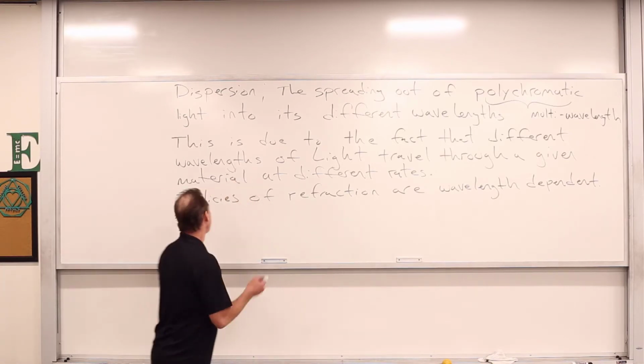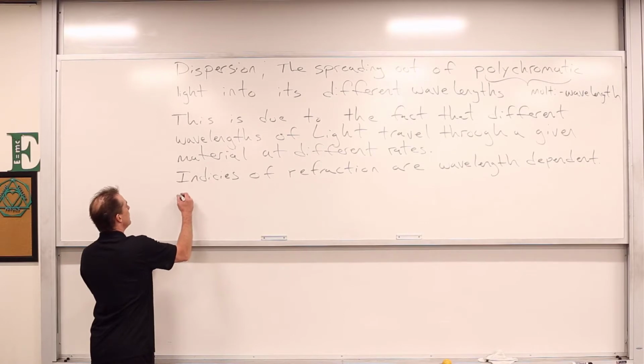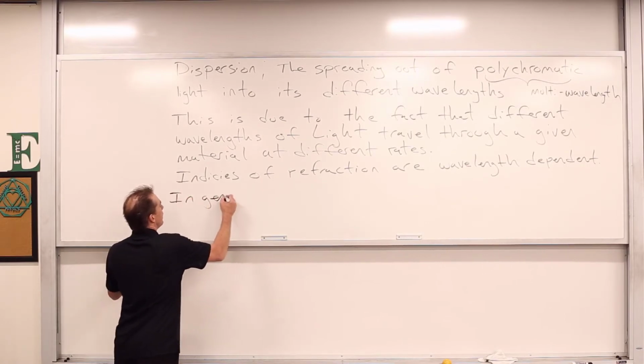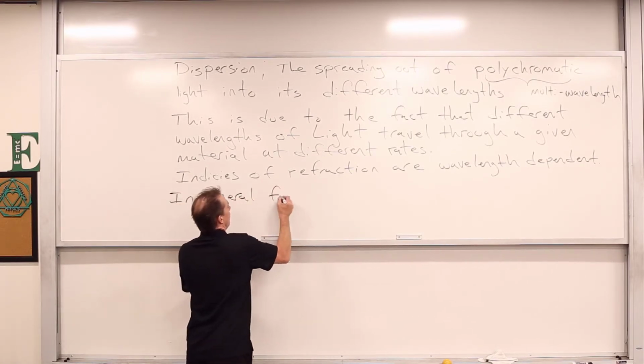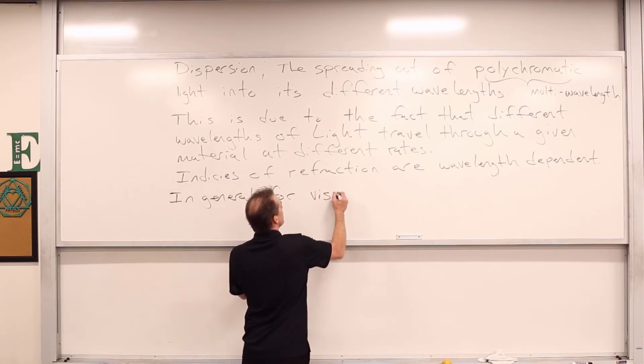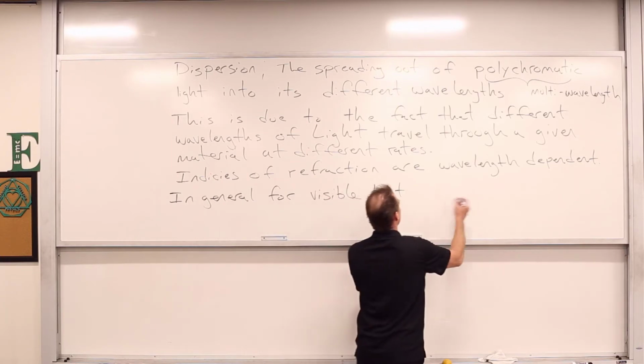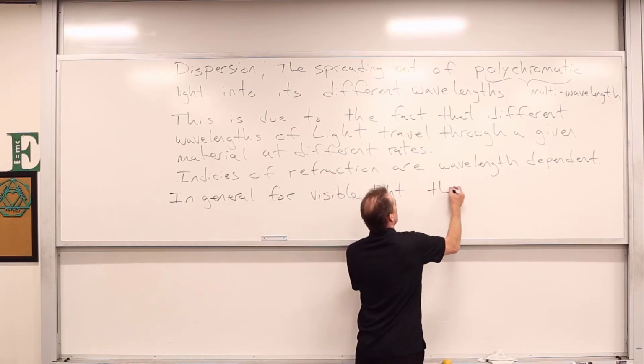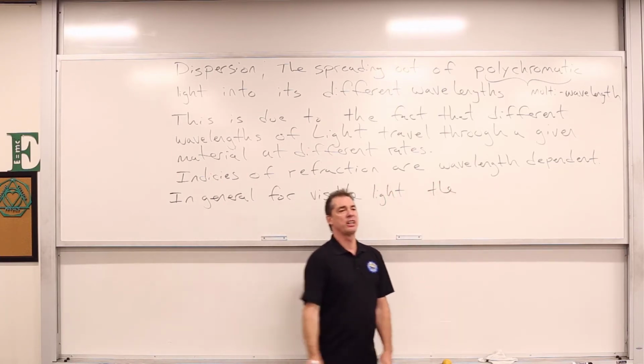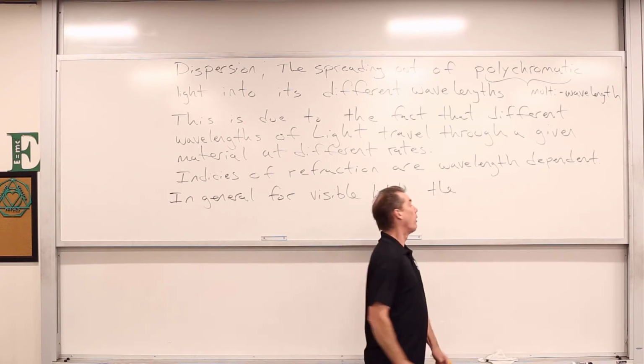In general, for visible light, index of refraction gets larger for smaller wavelengths.